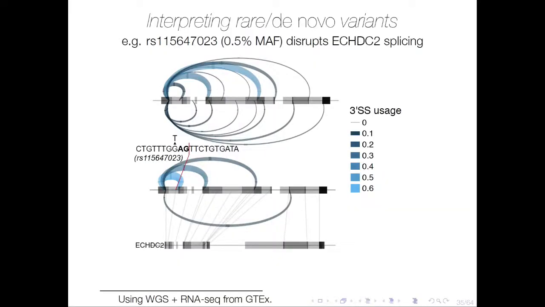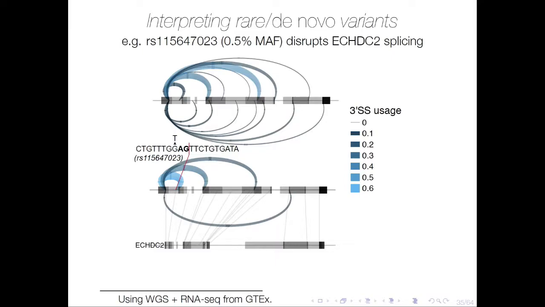We were then interested in using this predictive model to try and understand the effects of rare or de novo genetic variants or mutations on splicing outcomes. And we originally did this in the GTEx cohort since they have whole genome sequencing for about 150 of the individuals. So this is showing an example where there's a rare single nucleotide polymorphism, which exists in about 0.5% of Europeans, and it changes this G to a T just one base pair upstream of this AG.